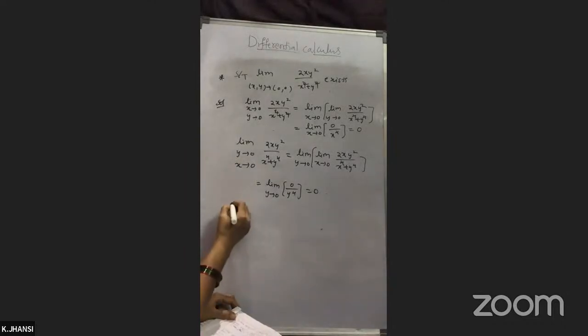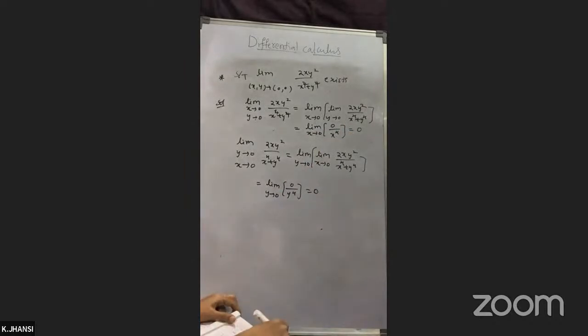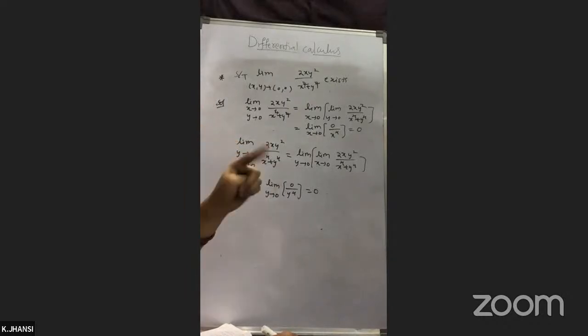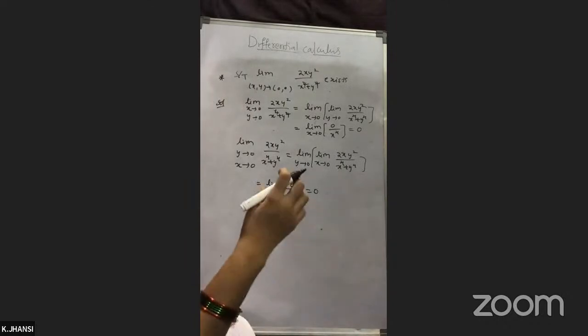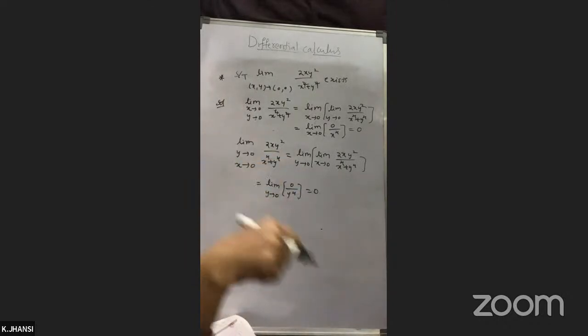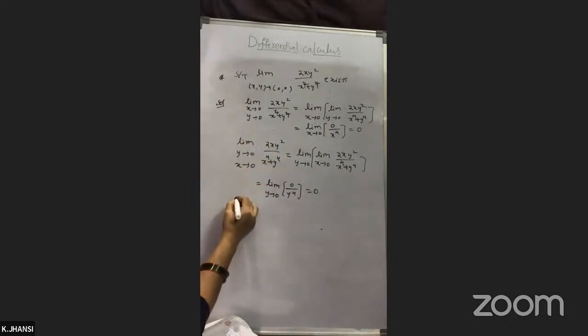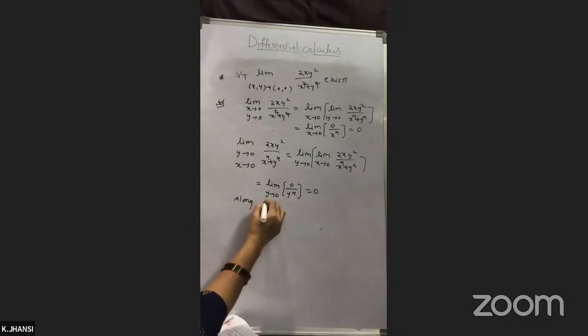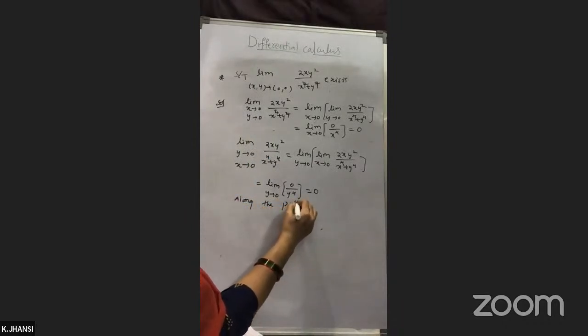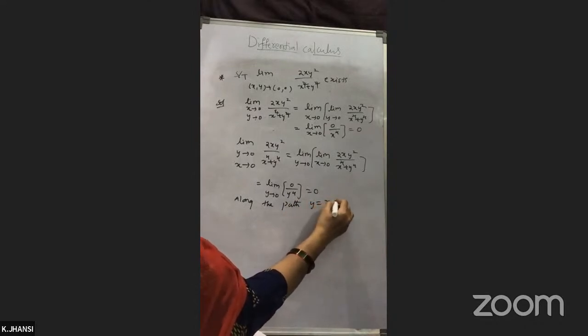So these two are the same. One path is this one, another path is this one. So instead of writing RHL and LHL, whenever it is a plane surface, we choose from the infinite number of paths only two paths. That is, we have to write along the path y equals mx.